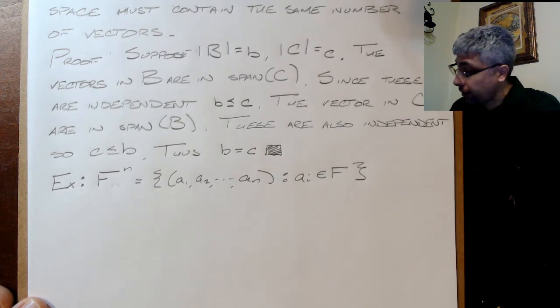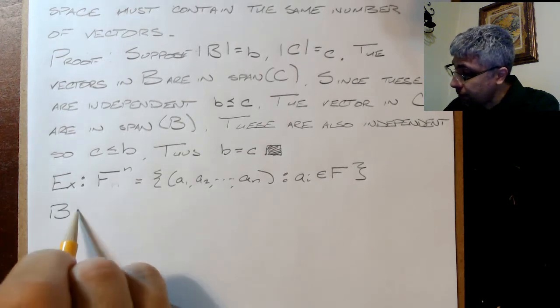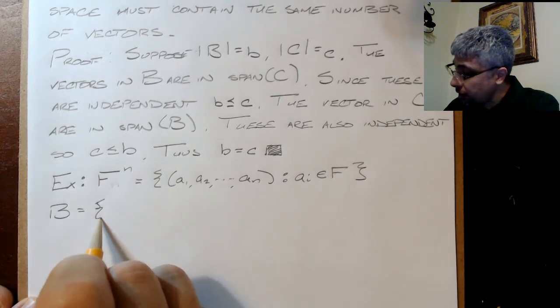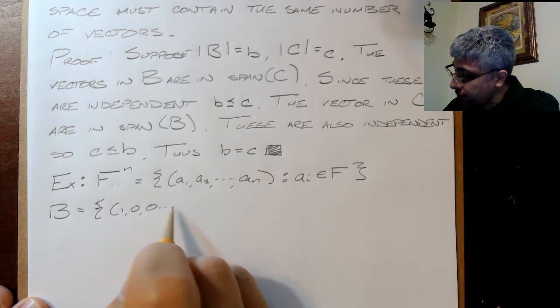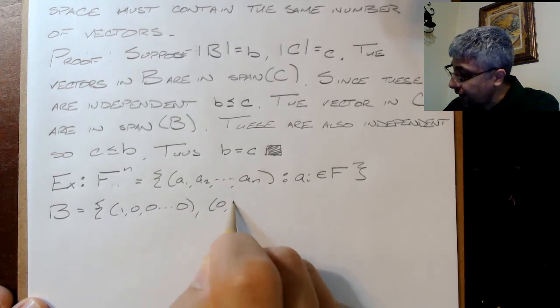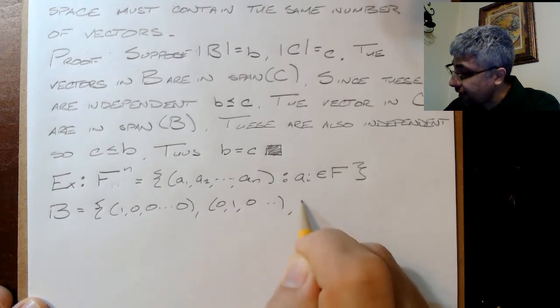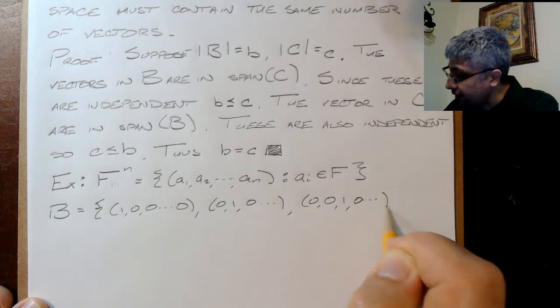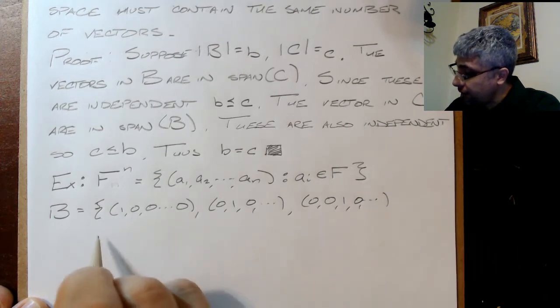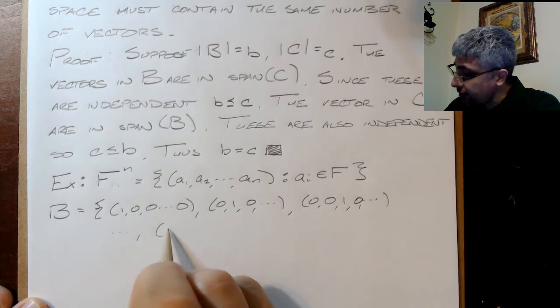How do we know that? Well, one basis, let B be the collection of (1, 0, 0, ...). So we start with a 1, and then we put a 1 in the next slot, and then we put a 1 in the next slot, and so on.